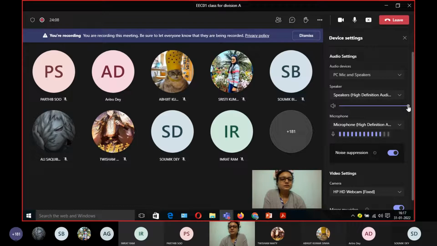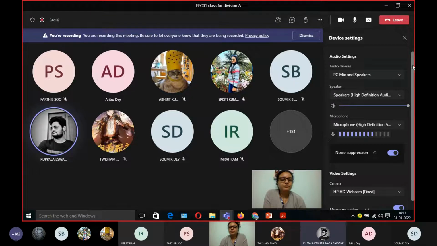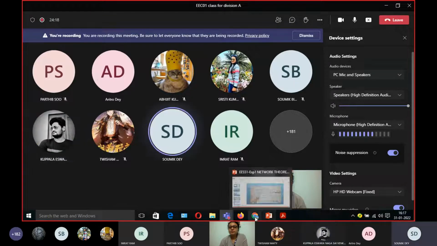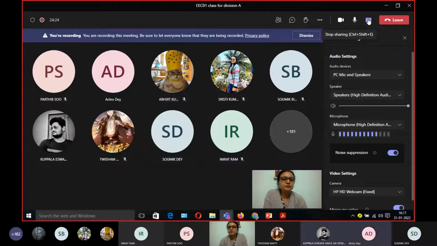Speaker is at high. Ma'am, you should not share the whole screen. You should share only that tab which you are showing. Please stop sharing and again start sharing. When you click, you will get three options.